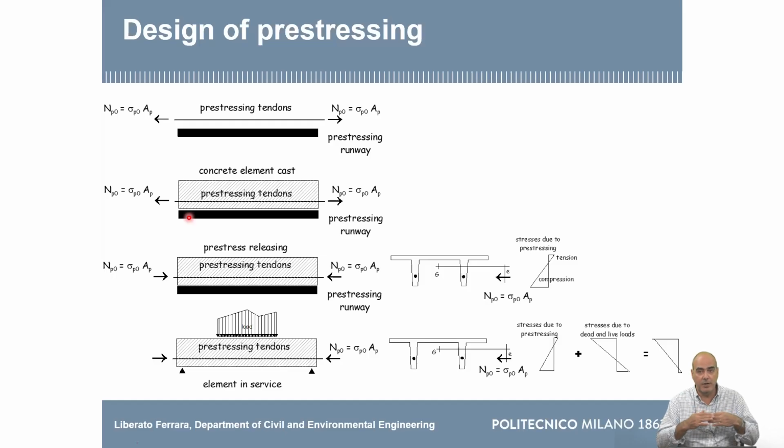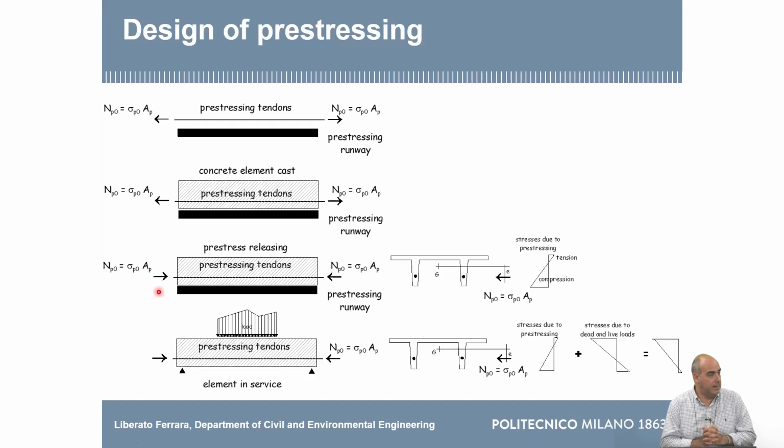Because between the concrete and the tendon, bond stresses are activated. So the force that you had applied to the tendon is transferred to the concrete cross-section. So at this stage, the equivalent way of thinking about it is that you are applying this compressive force to the concrete element.